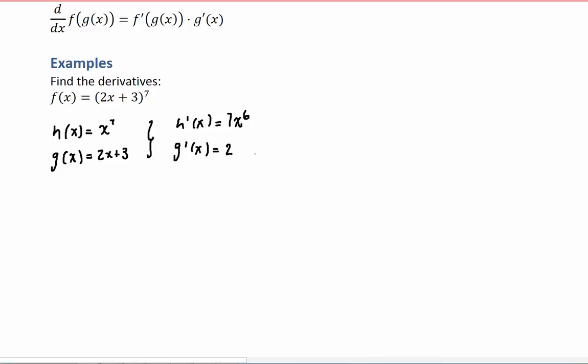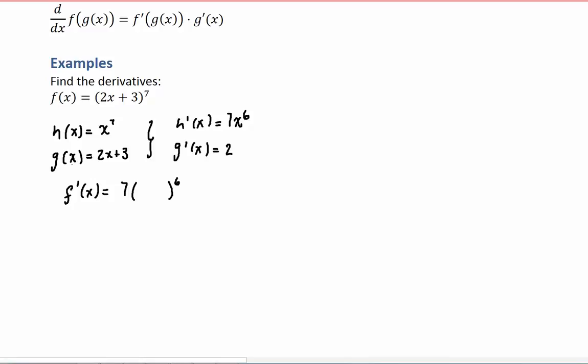Okay. So now what do we do? Well, the derivative of f now becomes h prime evaluated at g. H prime is going to be 7 times whatever you feed it to the 6th.